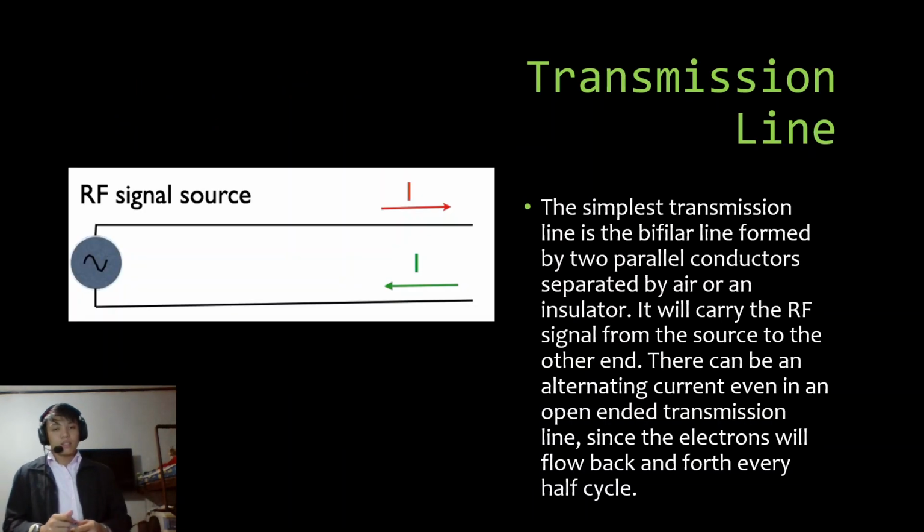The simplest transmission line is the bifilar line, formed by two parallel conductors separated by air or an insulator, and it will carry the RF signal from the source to the other end. There can be an alternating current even in an open-ended transmission line, since the electrons will flow back and forth every half of the cycle.